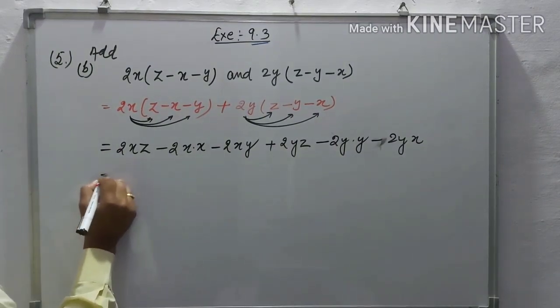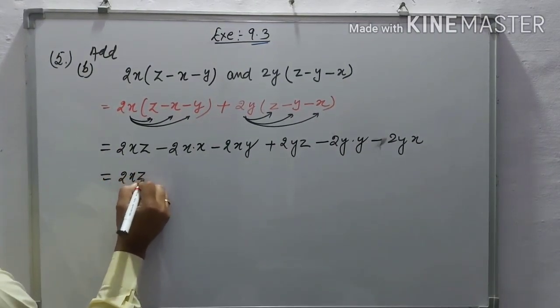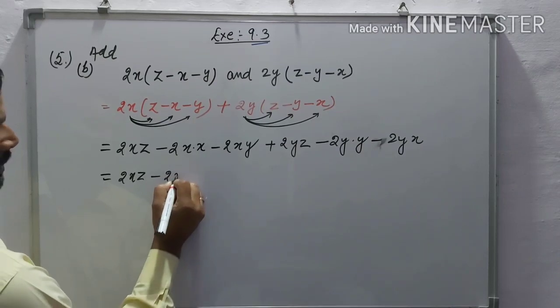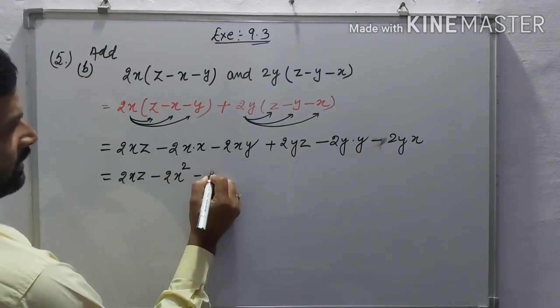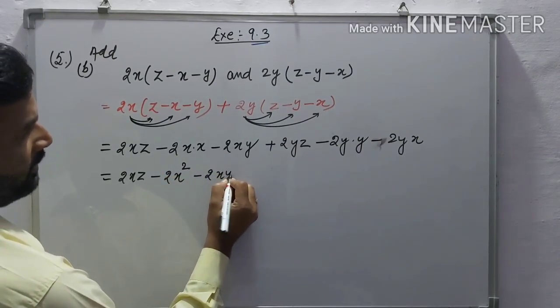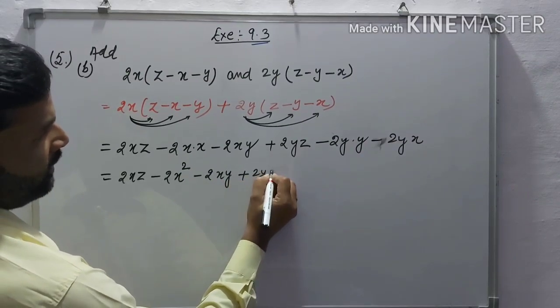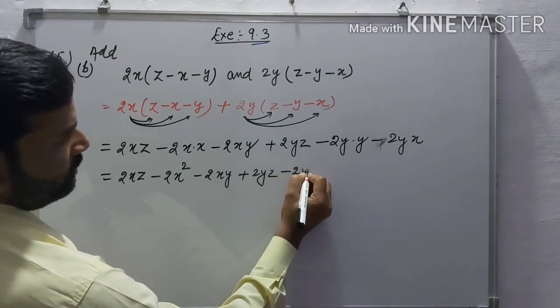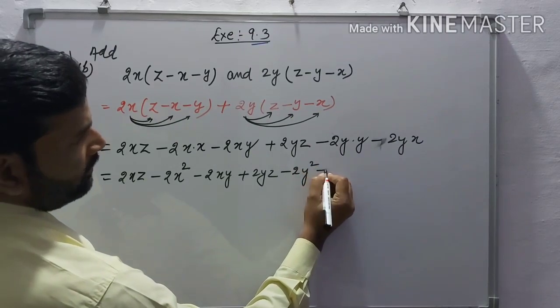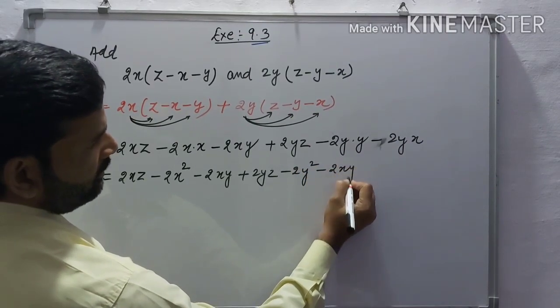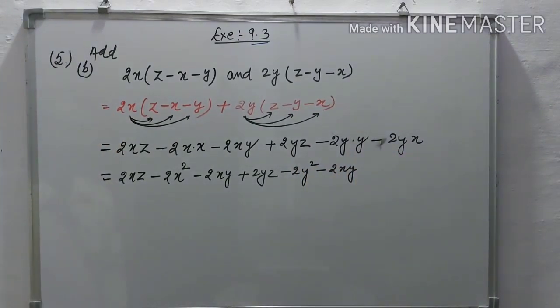Now arrange: 2xz minus 2x square minus 2xy plus 2yz minus 2y square and minus 2xy. We'll write the xy together.